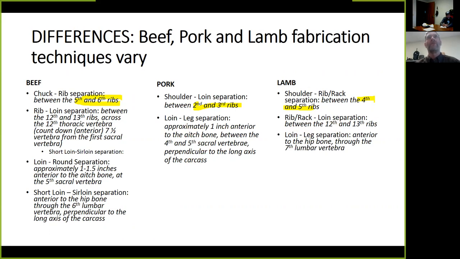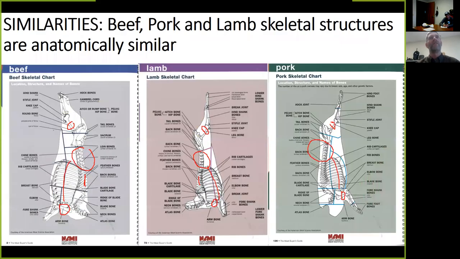So we got 12th, 13th lamb, we got 12th, 13th beef. In pork, there's no separation, okay? Because the whole thing is a loin. If we go back and look, remember, this whole thing from here to here is the loin. Whereas in beef, the loin is only from here to here, and in lamb, it's only from here to here, okay?